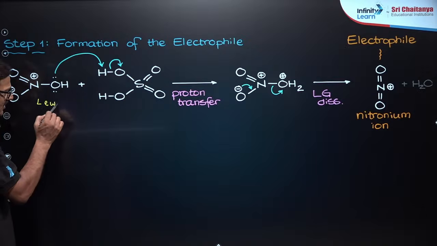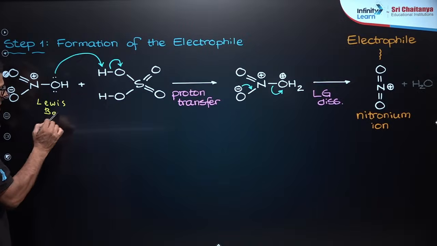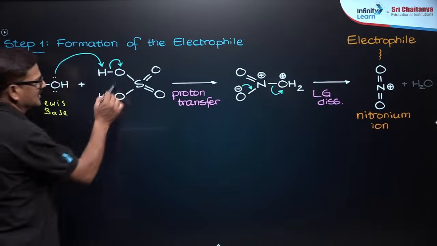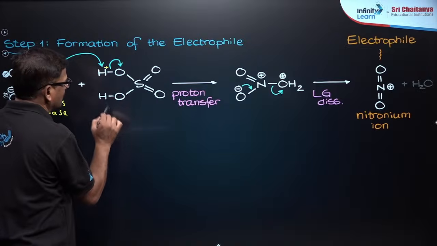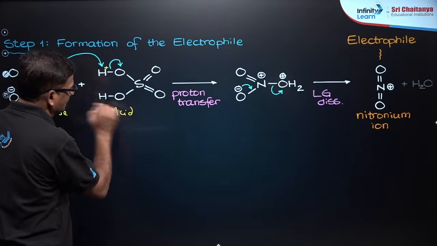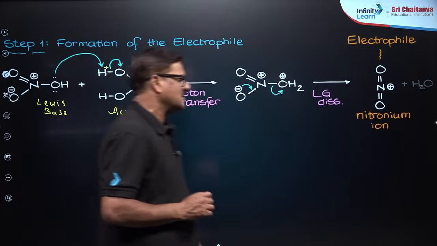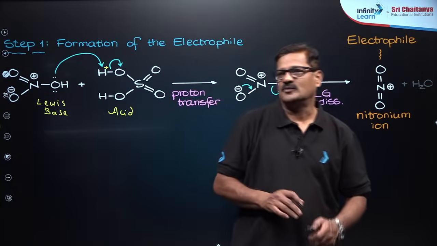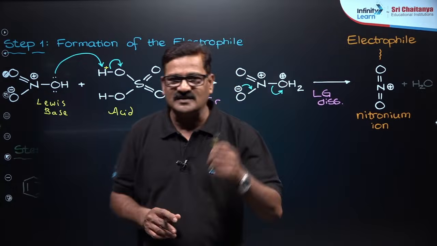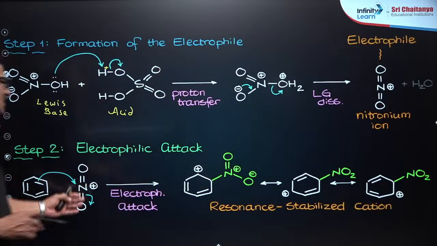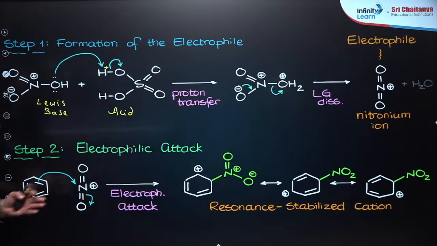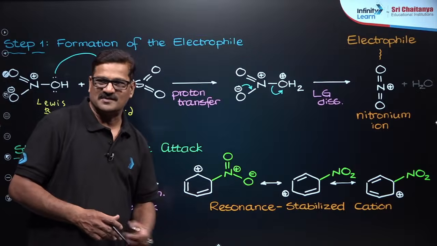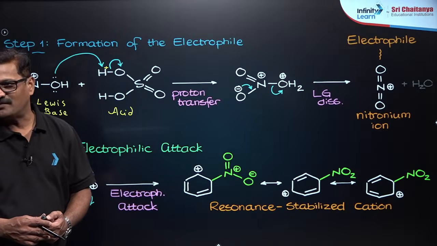This is very important, and this is going to be a proton donor, so it is an acid. It is an acid base reaction that gives rise to the nitronium ion, which acts as an electrophile. This nitronium ion is going to attack the benzene to give rise to a sigma complex. This sigma complex is resonance stabilized.